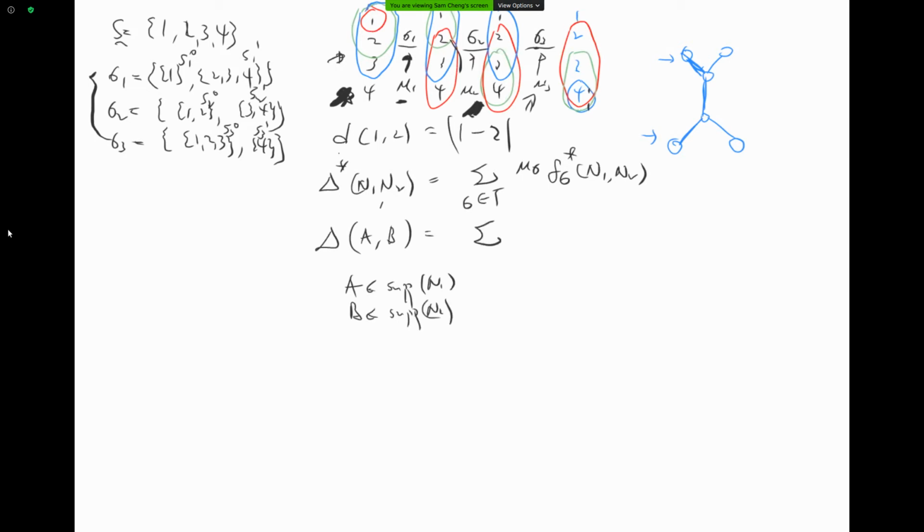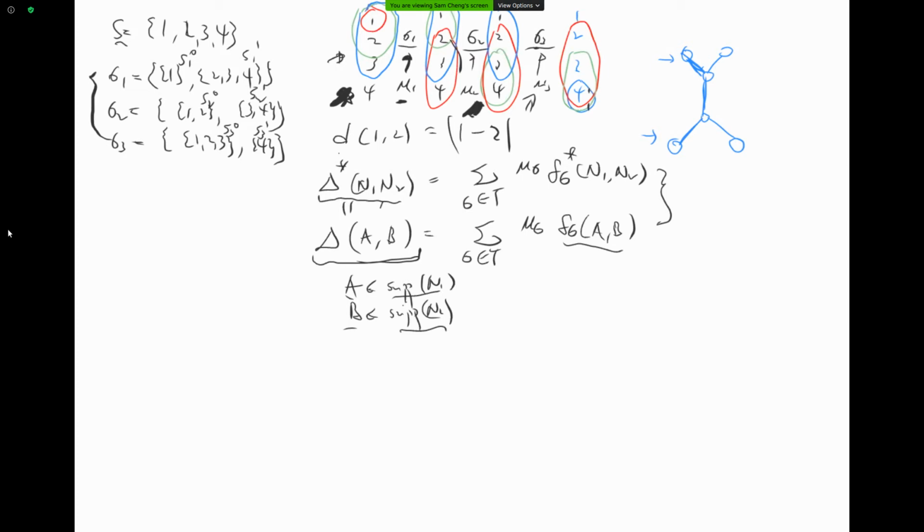Then if I define a similar metric, the sum over mu sigma, but with delta sigma AB instead, where delta sigma is saying that sigma separates A from B, then these two metrics will be identical. What I mean is, if A is in the support of N1 and B is in the support of N2, then these two will be the same. And it's often much easier to work with this delta AB instead of delta star M1 M2.